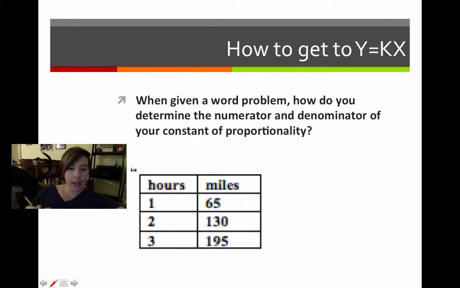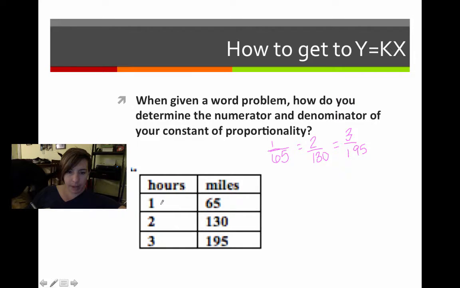So let's find our constant of proportionality based on this table. It's always a little bit easier, I think, to find the constant of proportionality or the unit rate based on the table. So if my first ratio is 1 to 65, and my second ratio is 2 to 130, my third ratio is 3 to 195.